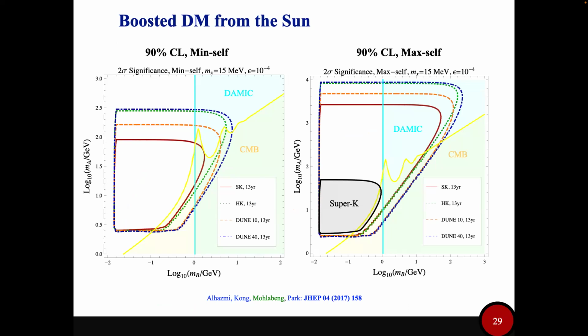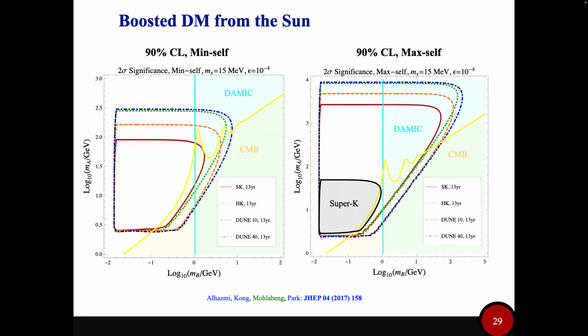Okay, so I'm not going to talk too much about these. These are more model-dependent bounds from the cosmic microwave background, and there's a dark matter experiment called DAMIC, which looks at these. So these are model-dependent bounds that I put over here. But essentially what you should pay attention to is that the most sensitive experiments to look for these particles are the DUNE 40 kiloton experiments.